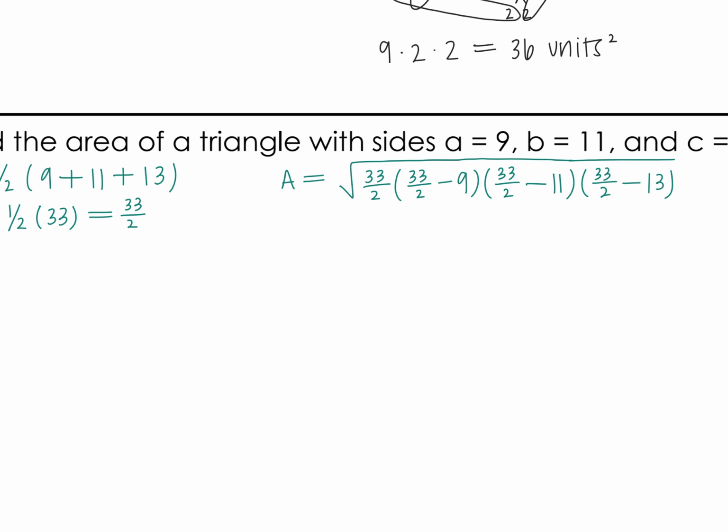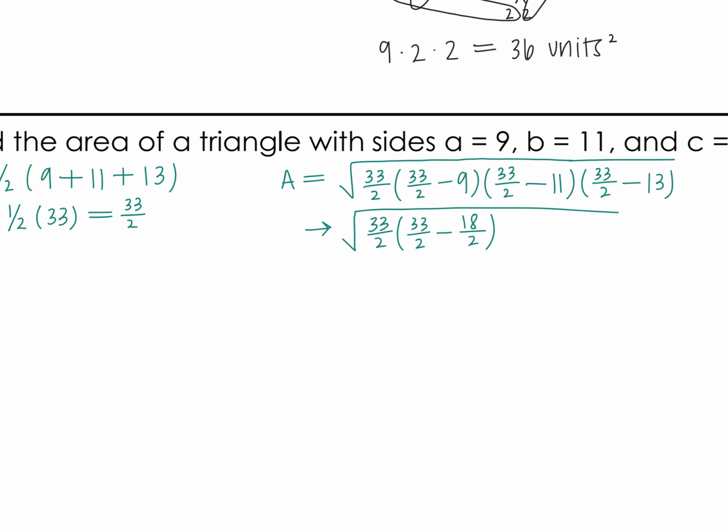All right. So what I'm going to do just to make this easier so that I can see what I'm actually subtracting, because it's not 33 minus 9, I'm going to take that second number and change it into a fraction real quick by multiplying it by 2 over 2 so that I can get that same denominator. So we'll have 33 over 2 times 33 over 2 minus 18 over 2.